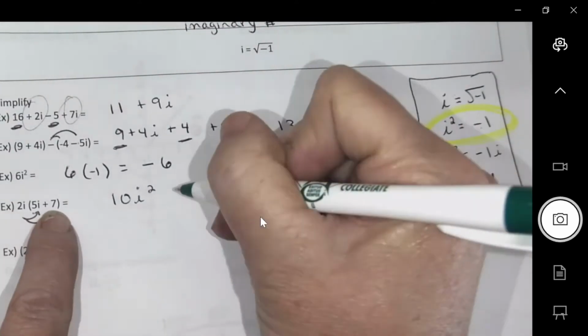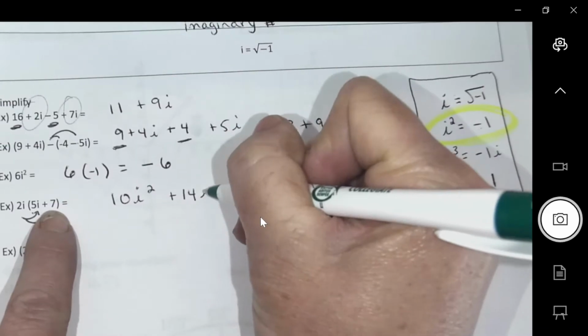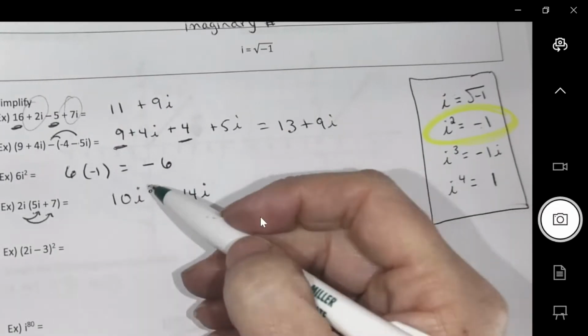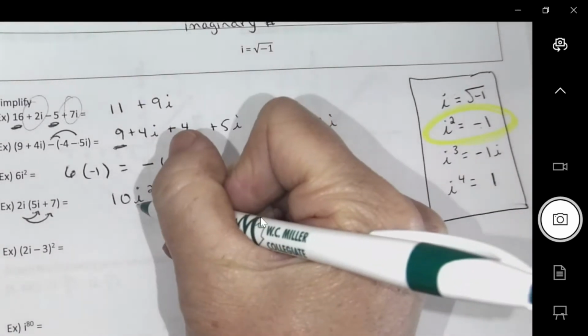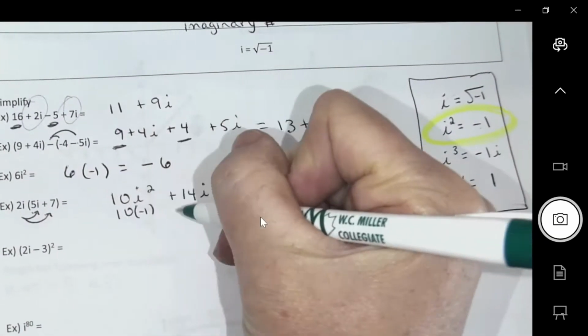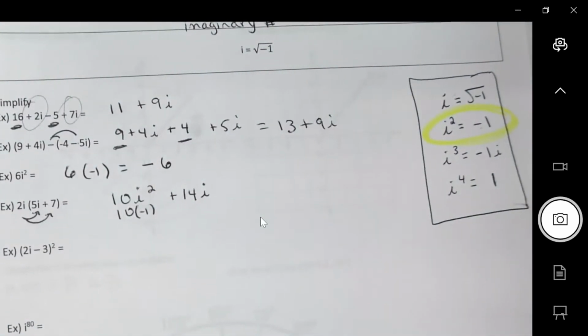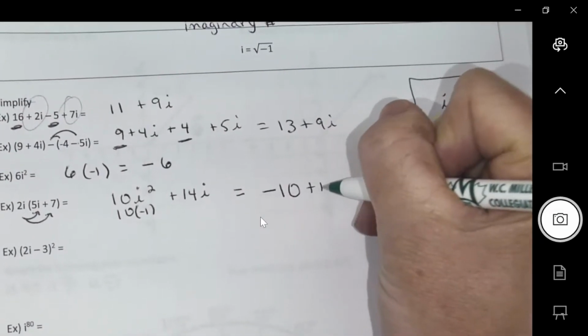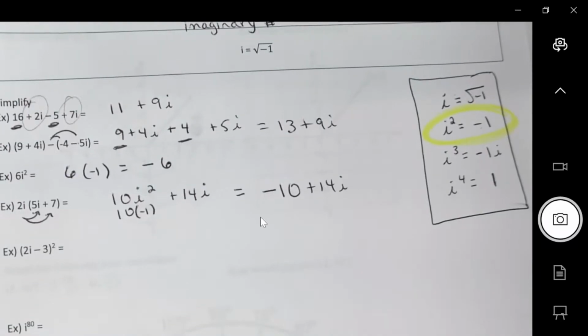Then the next would be plus 14i. And what is i squared? i squared is -1. So this would be -10 plus 14i. Okay, there's nothing you can do about just an i. There's nothing lower you can go to.